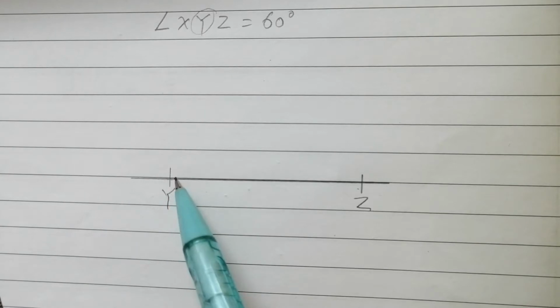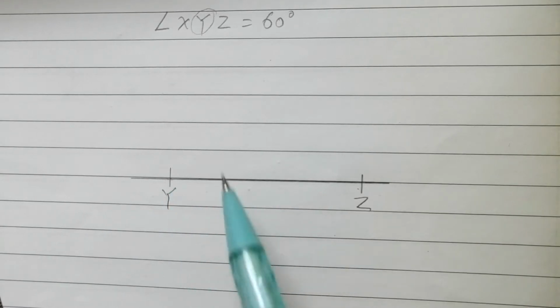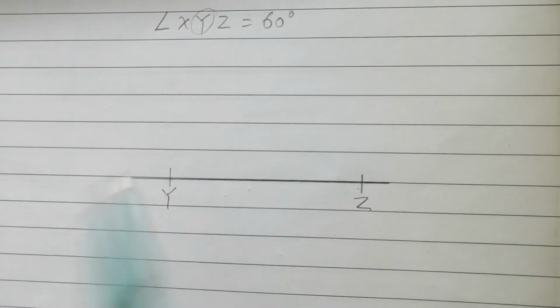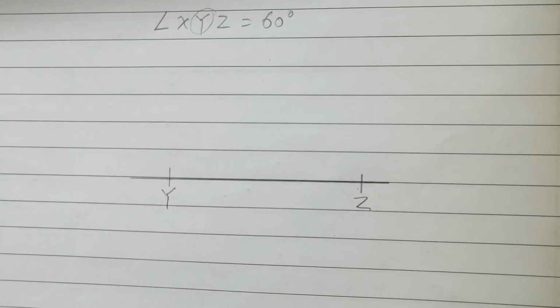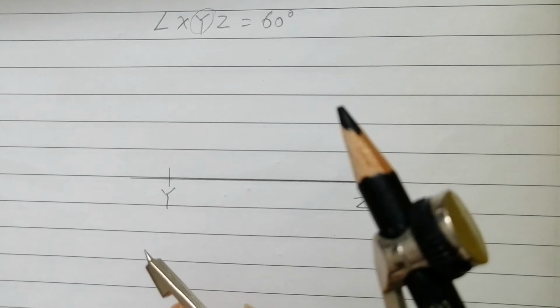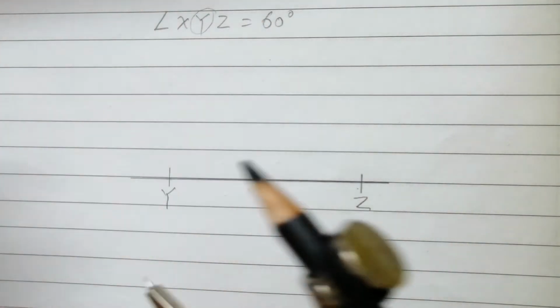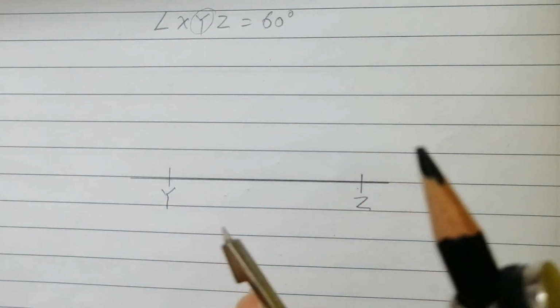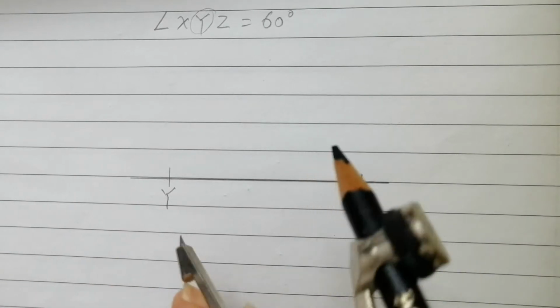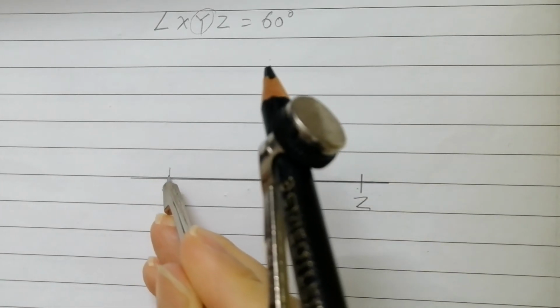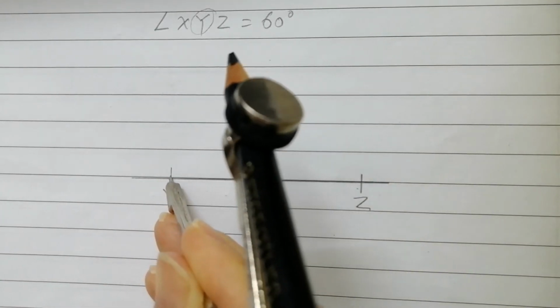Okay, so let's look at this one. My angle 60 degrees will be at y. So at first, I will use my compasses. The sharp part is always at the angle where I want to draw any angle.